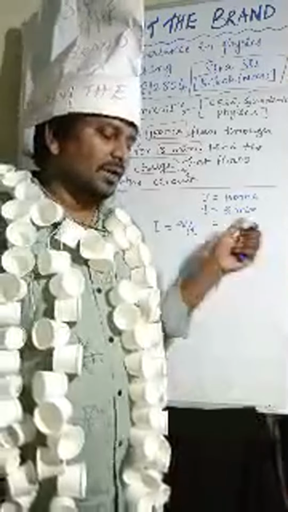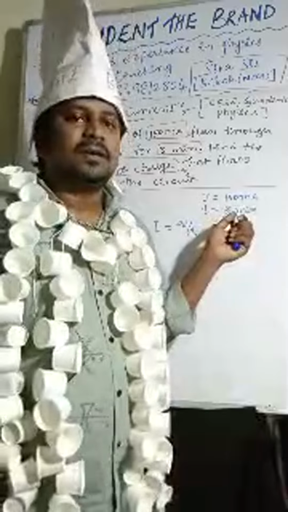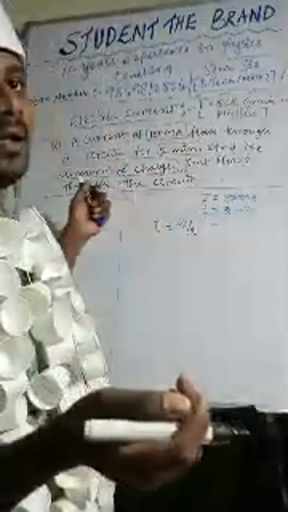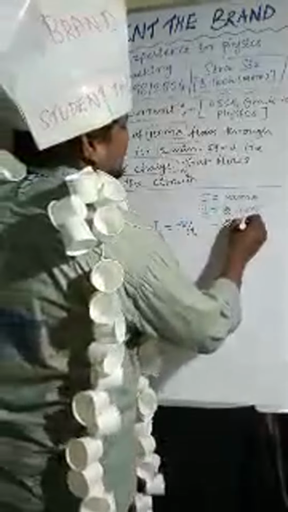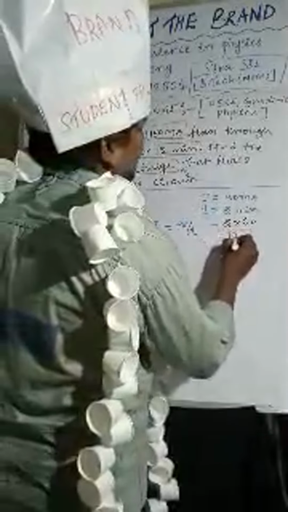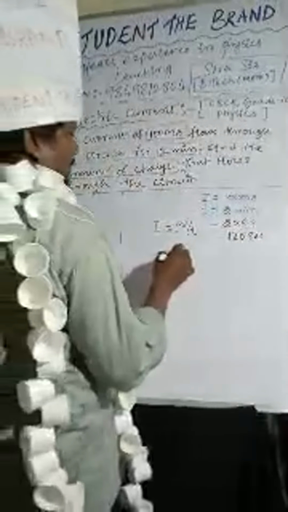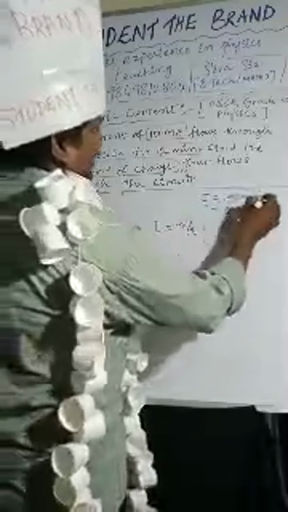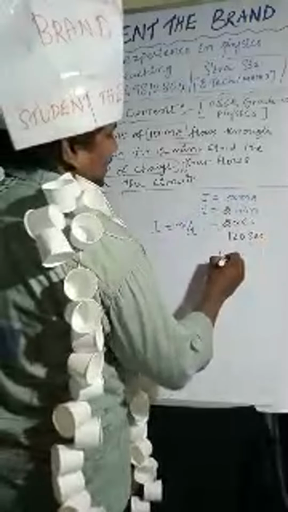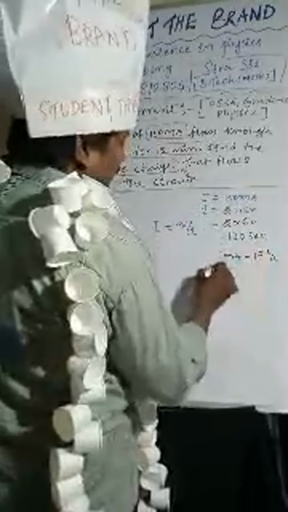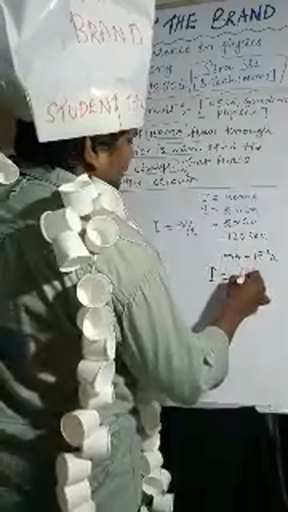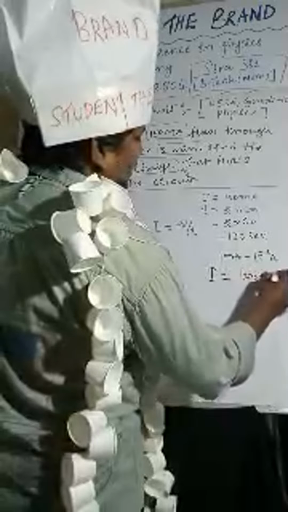So now you can observe. 2 minutes means 2 into 60, that is nothing but 120 seconds. Current is given, but here current is in milliampere. 1 milliampere equal to 10 power minus 3 ampere. So I equal to 150 into 10 power minus 3 ampere.